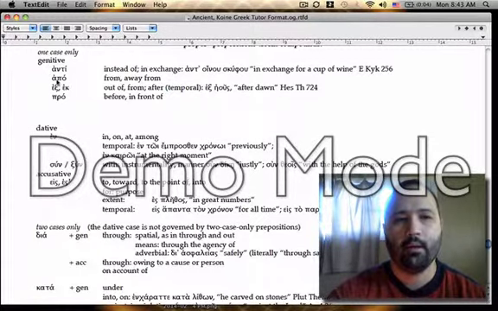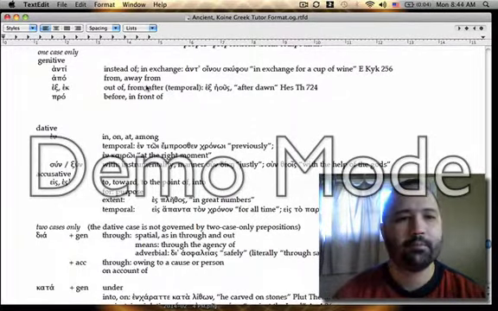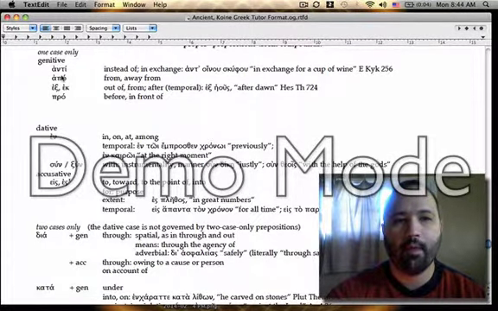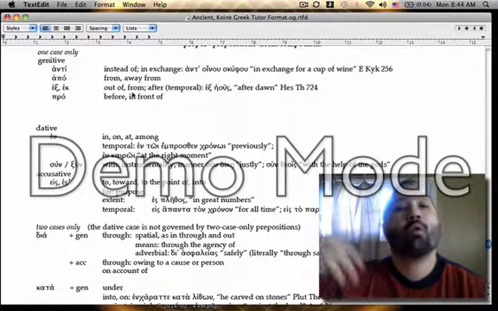See that? So, from, away from. Then there's, of course, ek, or ex, which is sort of like apo, but it means more of out of, origin of.